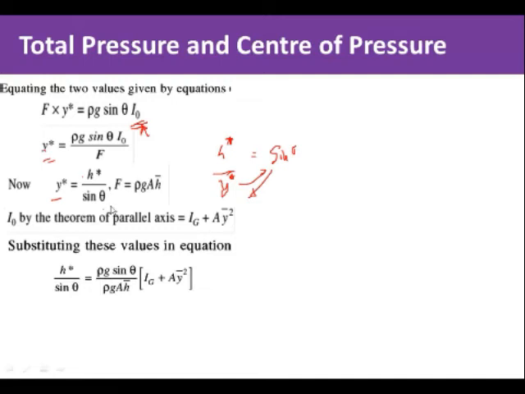Substituting the above value, y star is nothing but h star upon sin theta, which equals rho g sin theta IO divided by F. F is rho g A h bar, in brackets IO. So IO is IG plus A y bar square.